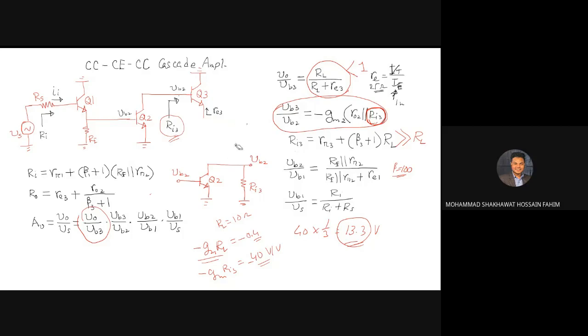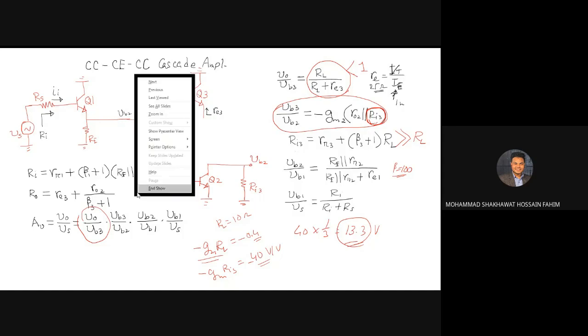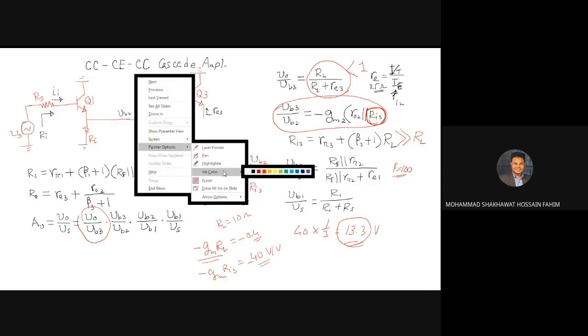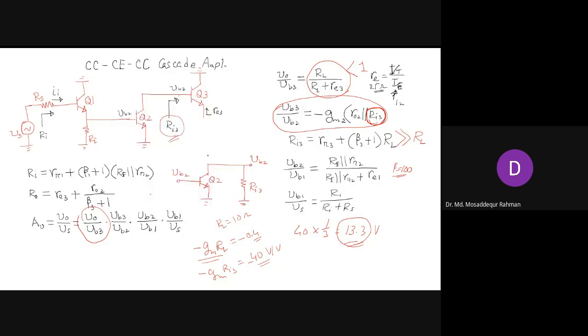Sir, improve means increasing. Yeah, yeah, not decreasing. We can add a high resistance transistor which has a high input resistance. Adding a resistor doesn't help, because it will absorb most of the voltage, right?